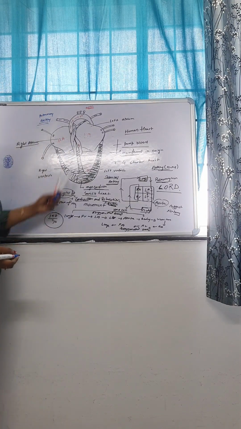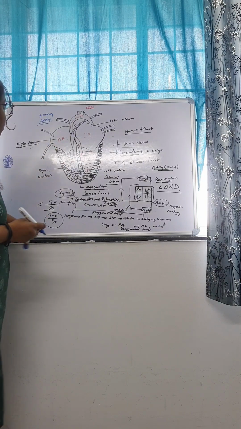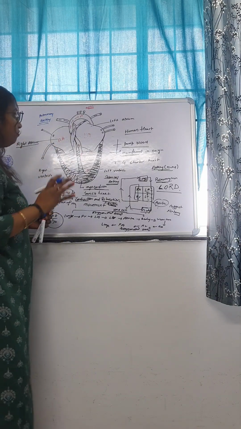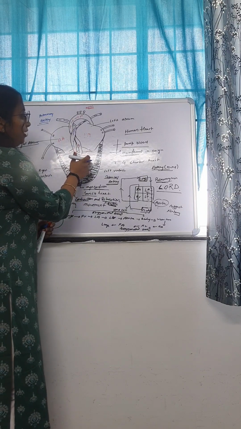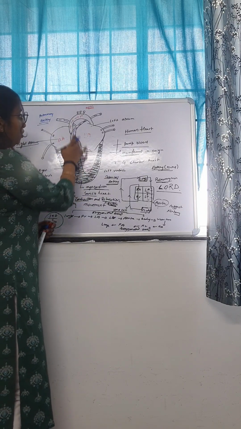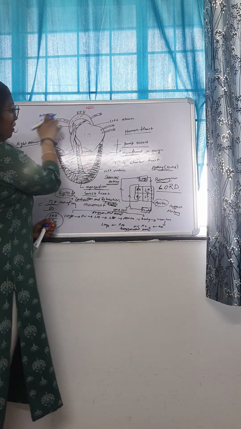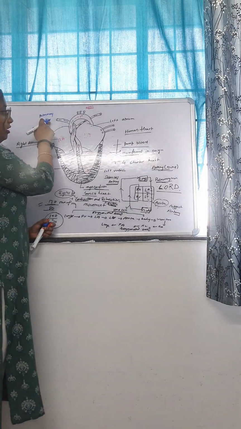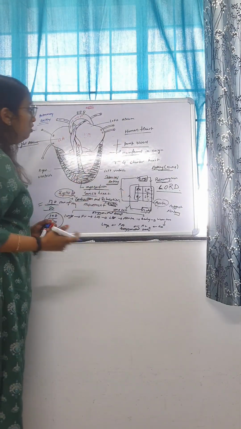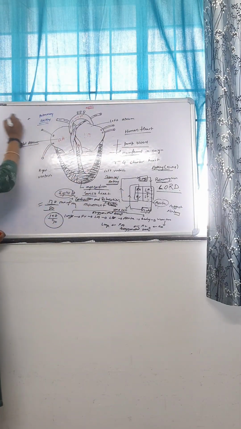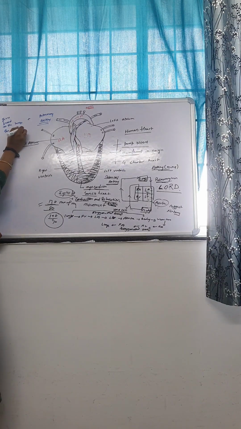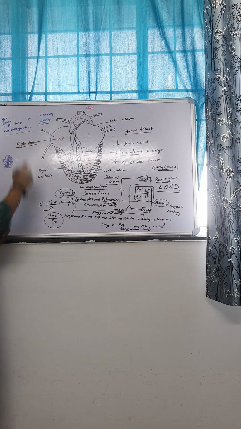There are two lungs, and both of these pulmonary arteries go into different lungs. So the left side will give oxygenated blood to the aorta, and the right ventricle will give deoxygenated blood to the pulmonary artery, and then the pulmonary artery will give blood to the lungs for oxygenation, for adding oxygen. Correct?